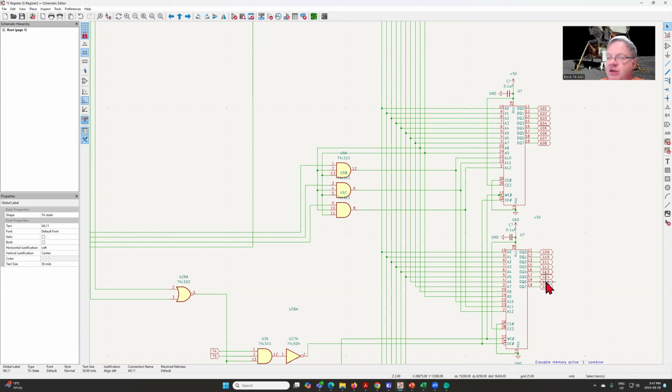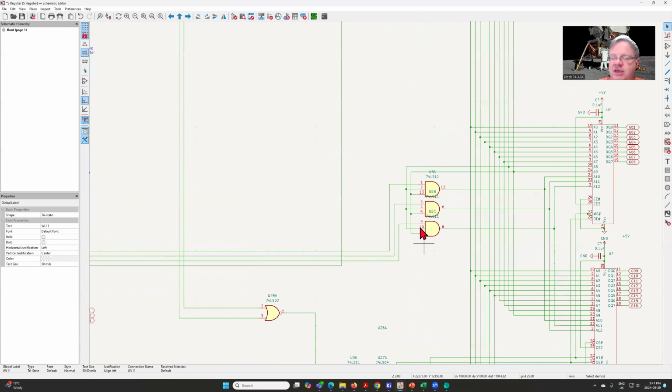G15 is only used to calculate parity, and if there is a parity issue, it'll generate an alarm on the AGC, so it'll light up, and if you've seen some of the movies, that's when it'll start screaming at you, letting you know that there is a memory issue.